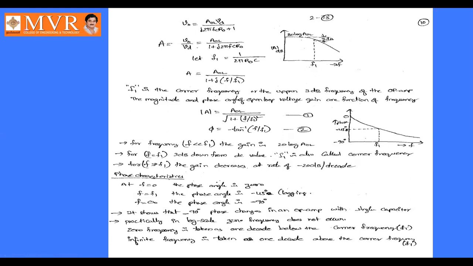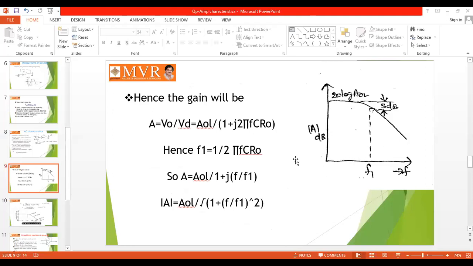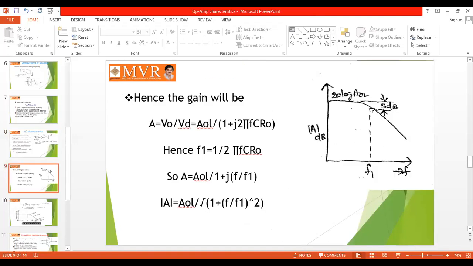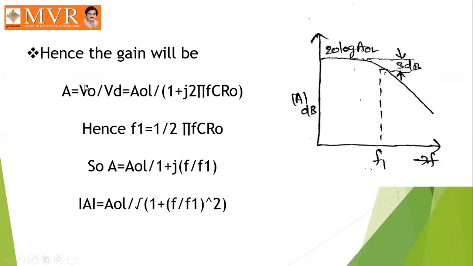Then from that we can write the gain A is equal to output by input, that is V naught by VD, which is equal to AOL divided by j 2 pi fC into R naught.